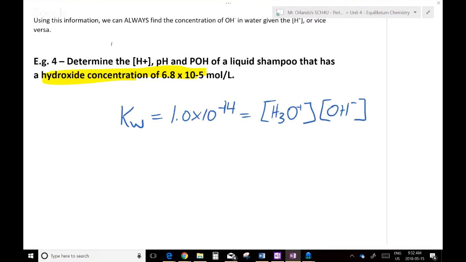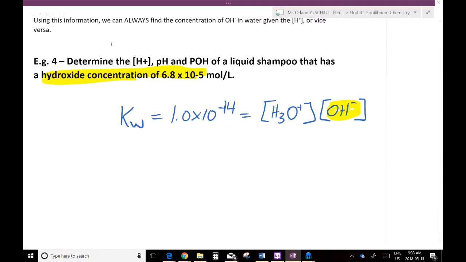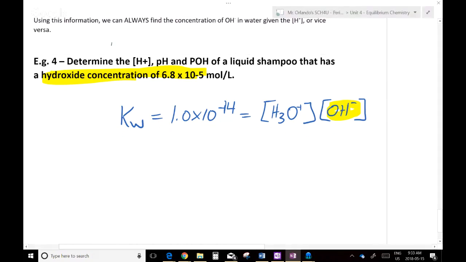Beautiful, and where's that going to go? That's the hydroxide concentration. So in our Kw equilibrium, where does that go? Yeah, it's going to go right here. So 1.0 times 10 to the negative 14 equals the concentration of H3O+ times 6.8 times 10 to the negative 5.